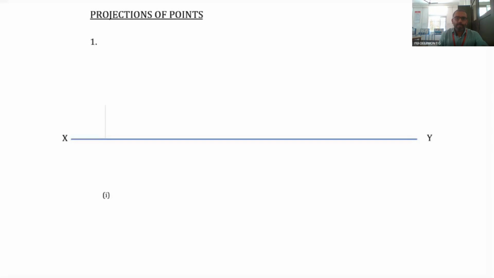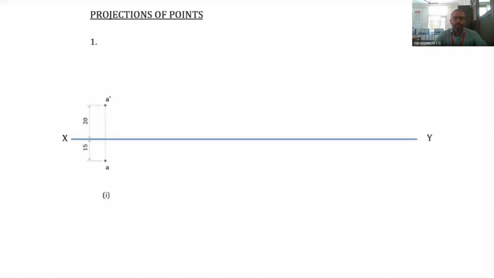So you draw a vertical line perpendicular to the XY line and mark a distance of 20 millimeter above the XY line and a distance of 15 millimeter below the XY line. 20 millimeter above the XY line is the point A dash, and 15 millimeter below the XY line is the point A. So this is 20 and here it is 15. This is the drawing that is required for the first question.